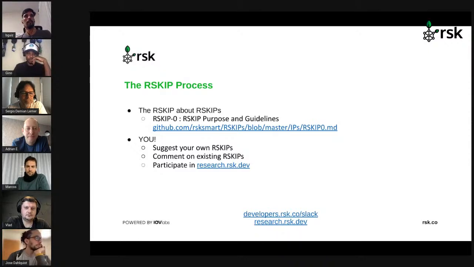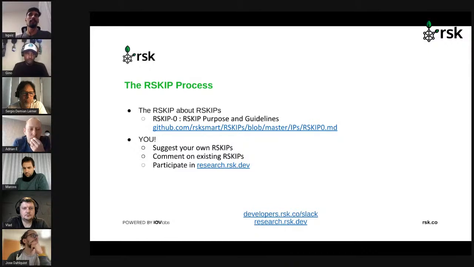Today we've heard about 6 different RSK IPs plus 1 meta RSK IP related to the release, and there is a process through which all of the RSK IPs go through. In the very first of these community calls, we talked about RSK IP 0, which is linked here on the slide.